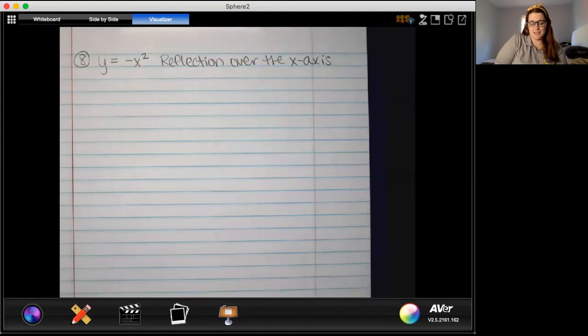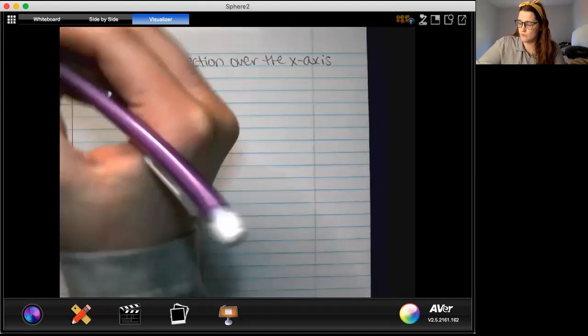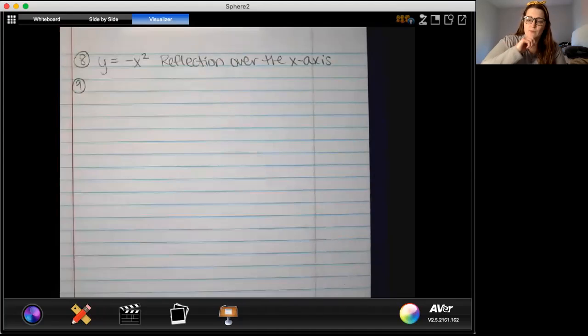Okay, so in the next couple examples, what I'm going to do is I'm going to combine the transformations, which is a little bit more normal, I should say. So you could have up to how many transformations on one equation? How many transformations could you have on one equation?